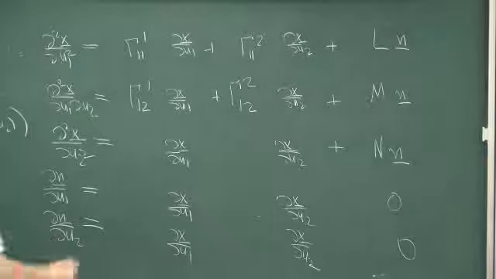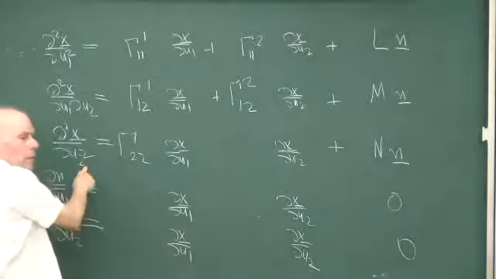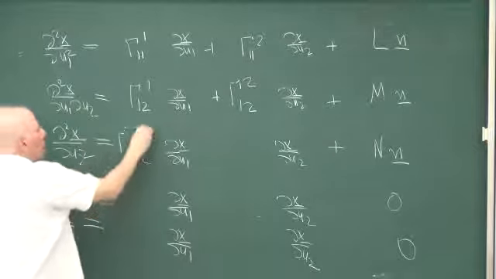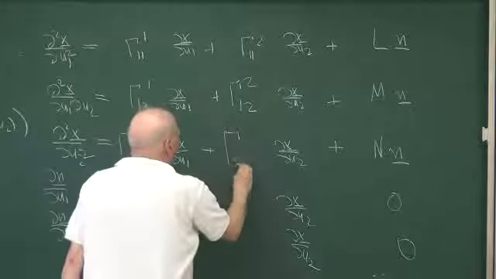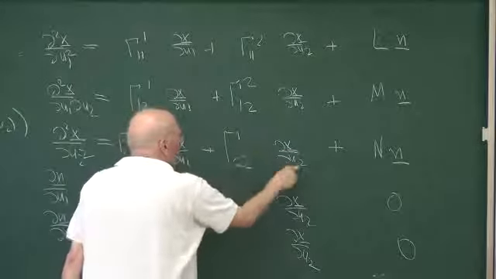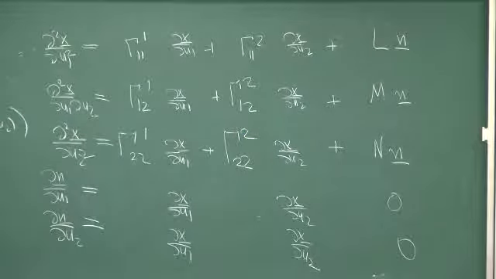And now we do 2,2: two derivatives in u2, and the constant of proportionality is gamma sub 2,2. And now, I said we were going to write down the Weingarten equation, so these are the Weingarten equations.